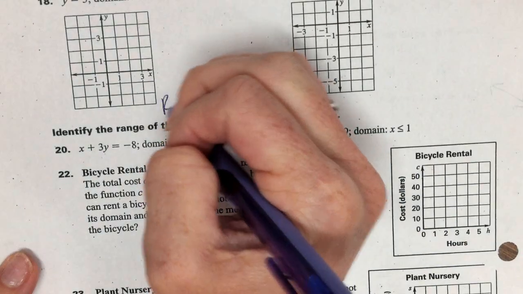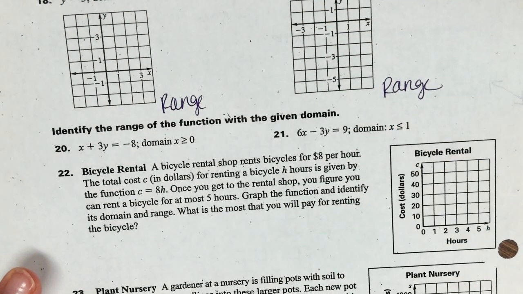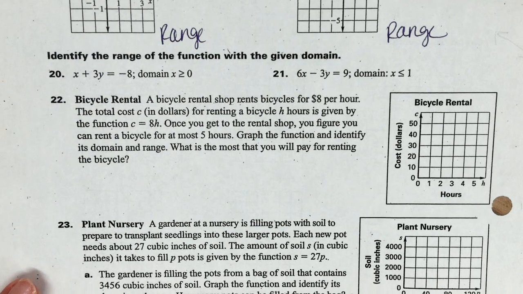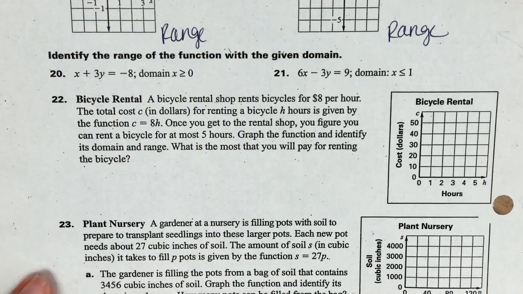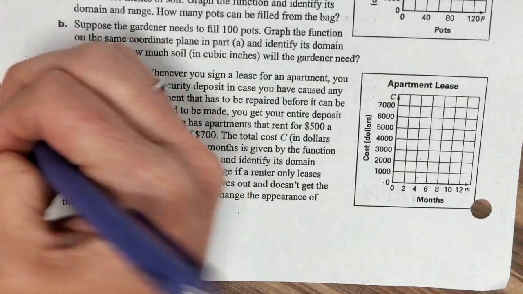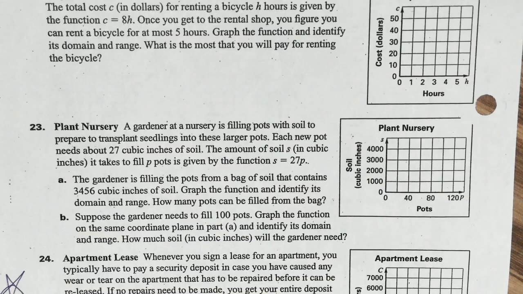Make sure that you're identifying that range at the bottom. Don't forget to do that part. You are going to do 20 through 23, and then 24 will be extra credit if you can figure it out. Make sure you are answering every part of a word problem, though. Okay?